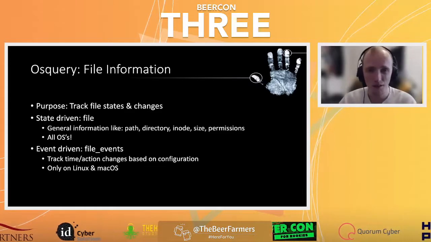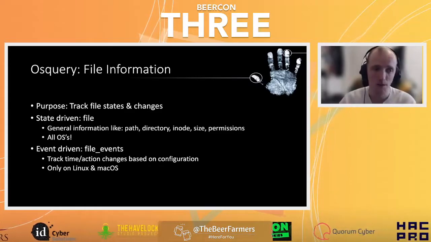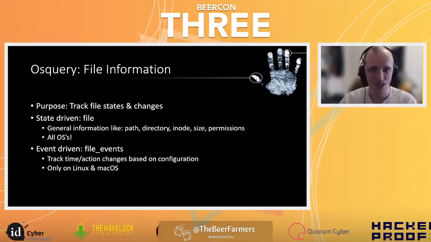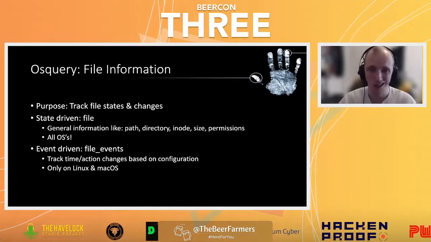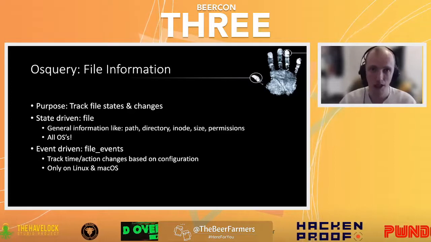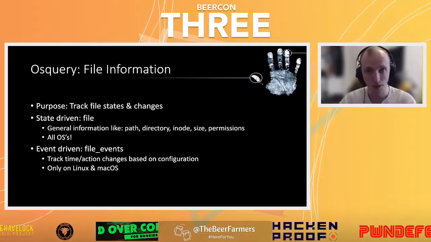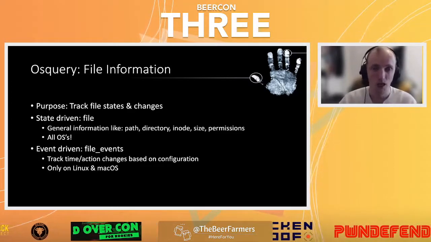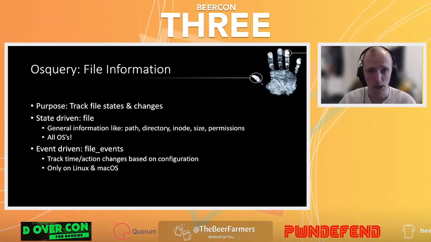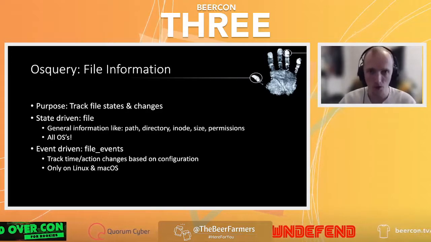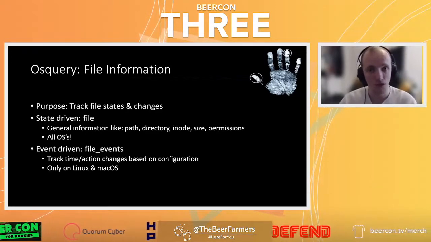Now, the event-driven table, file events, tracks time and action changes that are based on configuration. So you tell OSquery, monitor that directory for me, and all file changes in that directory will pop up in the table. Now, this is currently only supported on Linux and macOS, not on Windows, but it might be supported in the future.